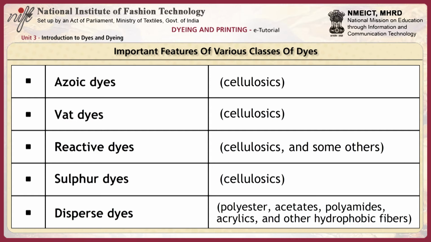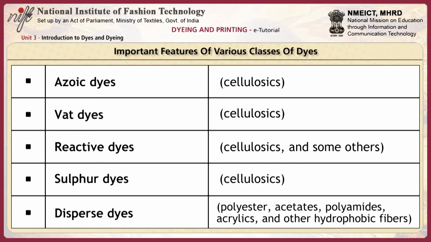It is primarily used for cellulosic fibers. Reactive dyes. This is also mainly used for cellulosics and some other fibers. Sulfur dyes, mainly used for cellulosic fibers like cotton, linen and rayons. Disperse dyes, primarily used for polyesters, acetates, polyamides, acrylic and other hydrophobic fibers.